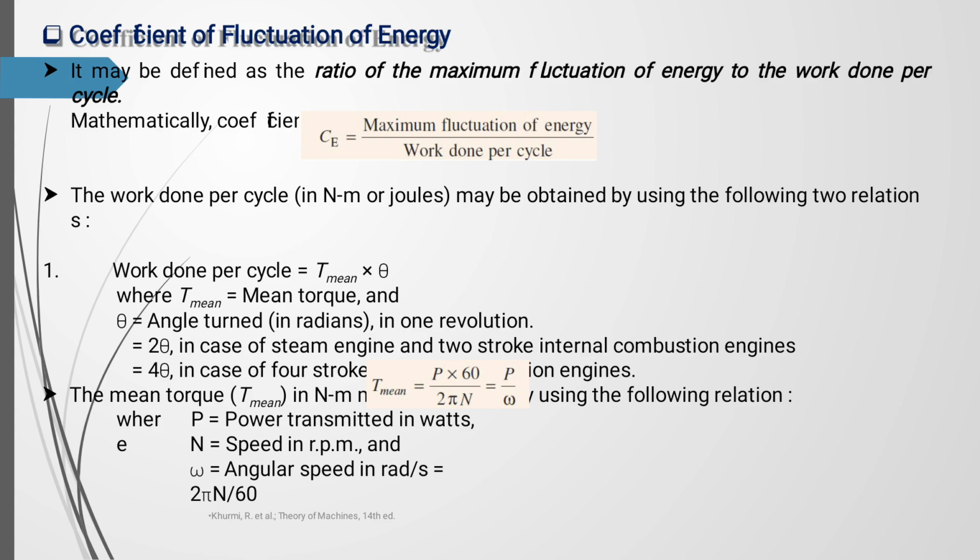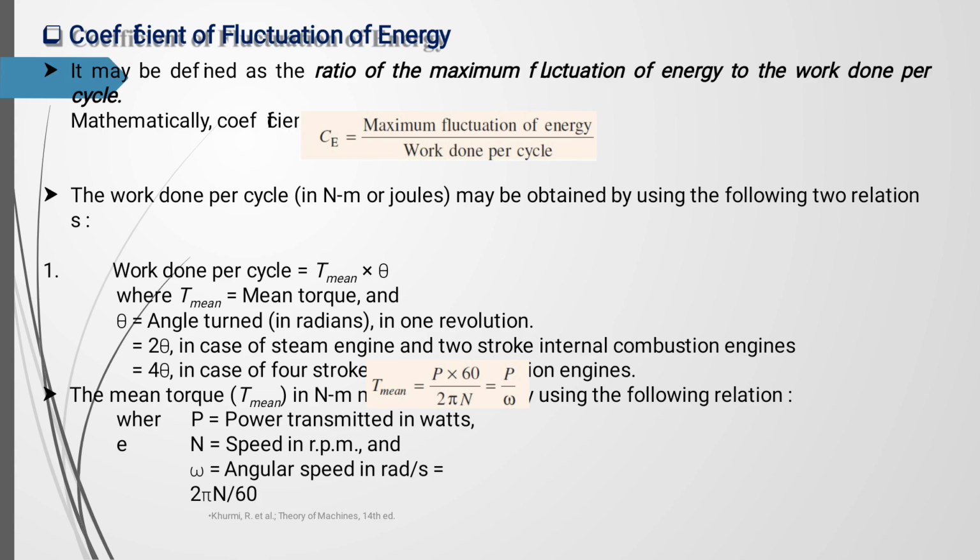So we know this maximum fluctuation of energy: in every engine cycle we have a maximum energy and we have a minimum energy. The difference between the maximum and the minimum energy is the fluctuation of energy. So the coefficient of fluctuation of energy, a parameter, can be considered as the maximum fluctuation of energy by the work done per cycle.